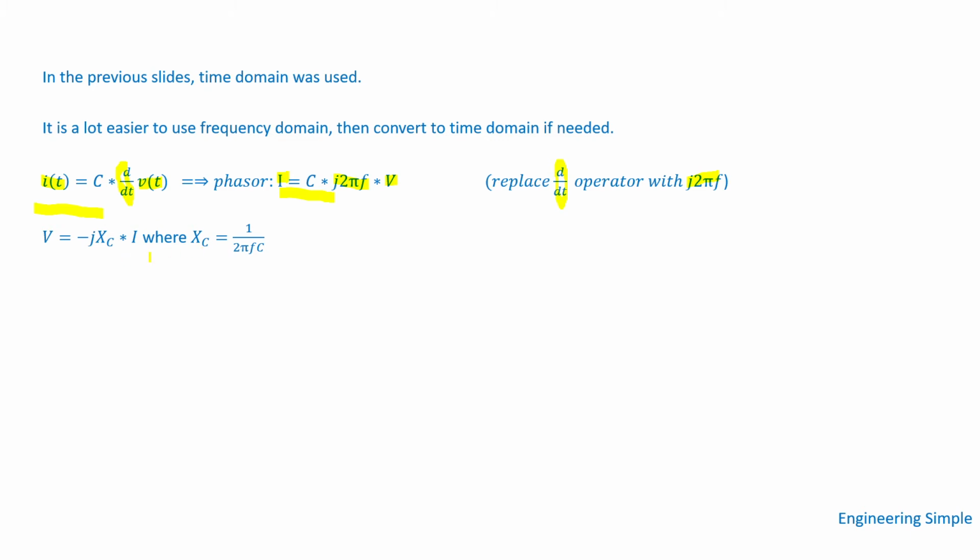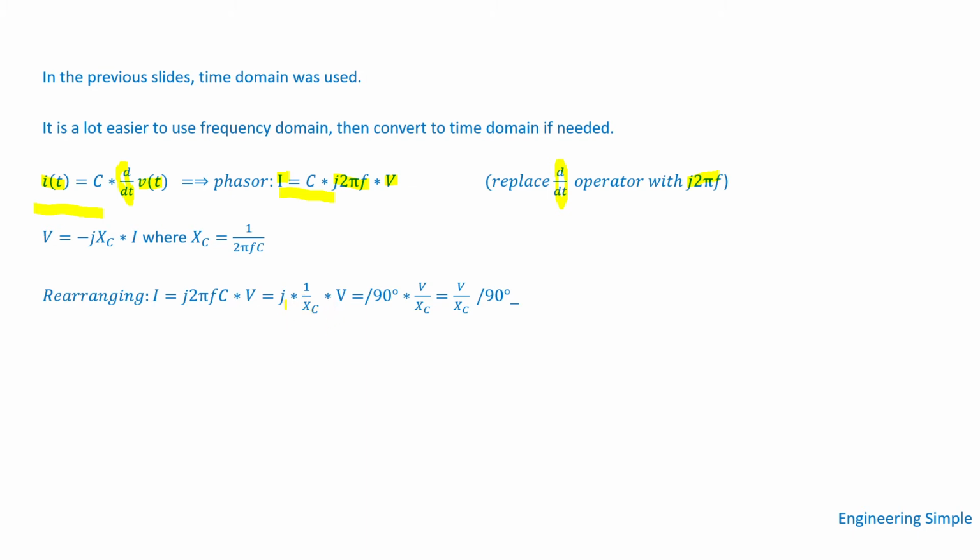So that's all I'm doing here. Rearranging, current is equal to j times 2 pi f times C, which is capacitance, times voltage. And if I replace 2 pi fC with the reactance, it's just 1 over X_C times voltage.